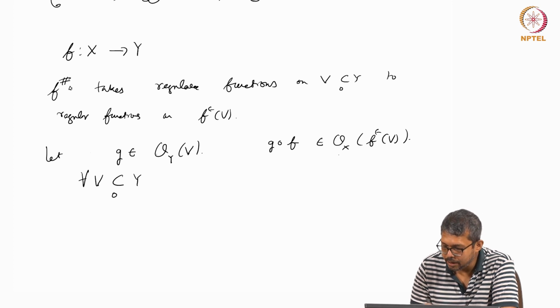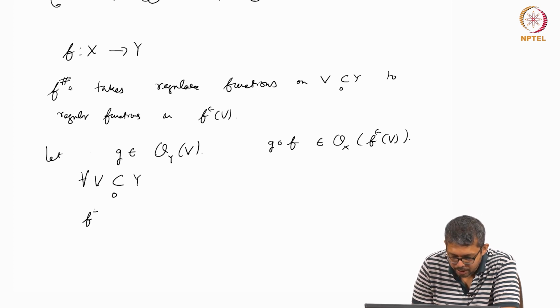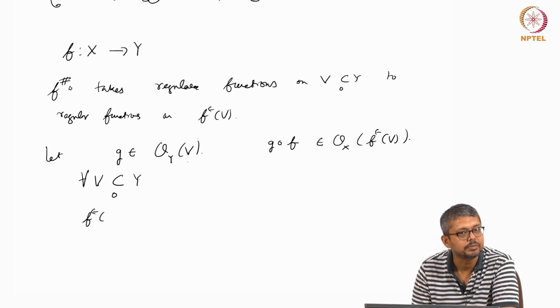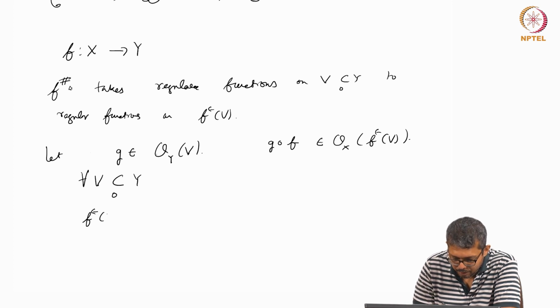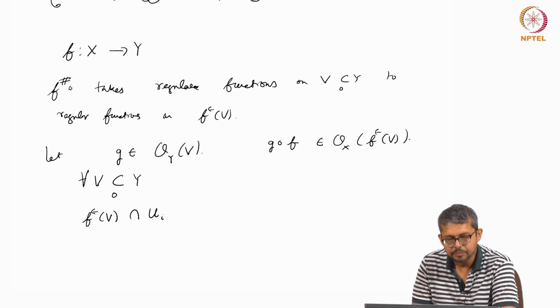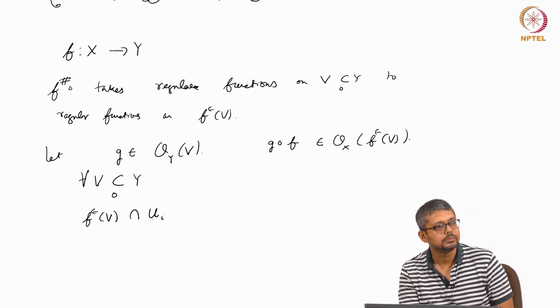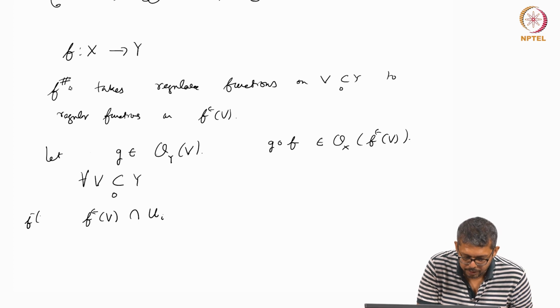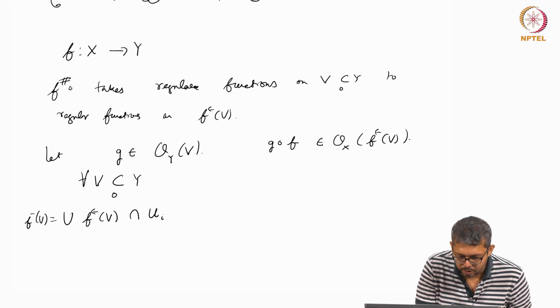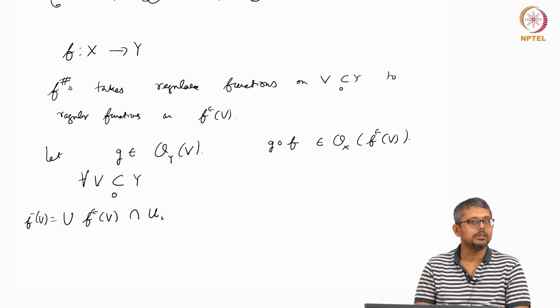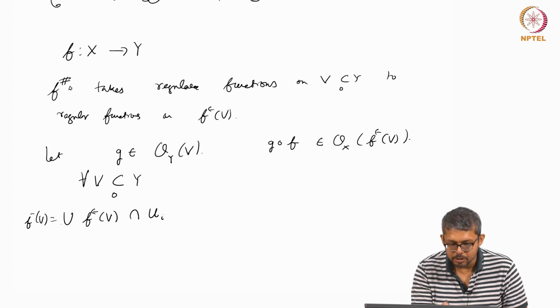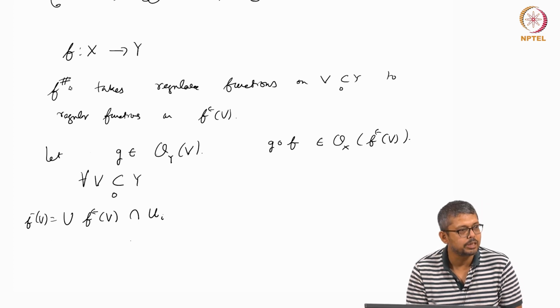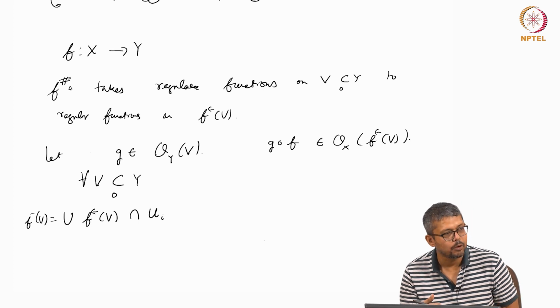But what I am saying is that you consider F inverse, and this is true for each V_i. So F inverse of V equals the union of F inverse V intersection U_i. Now you consider this. This is a sheaf map, right? O_X is a sheaf.